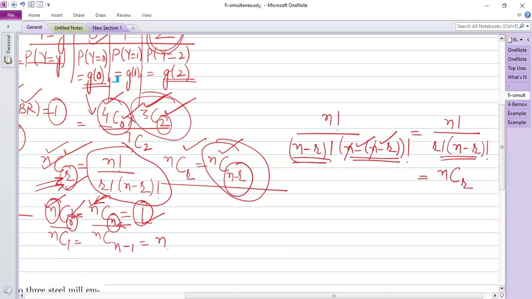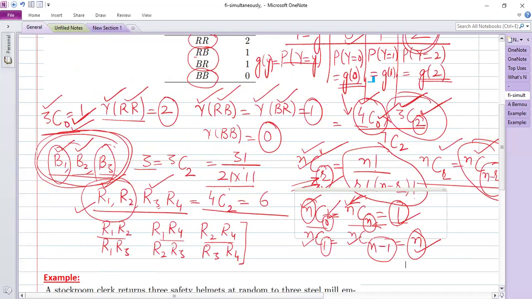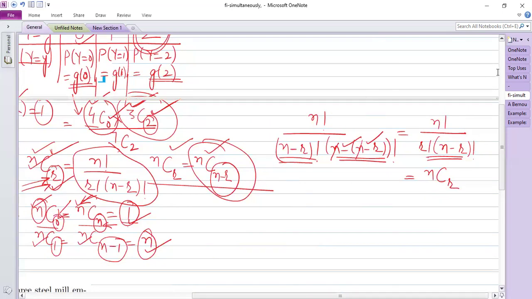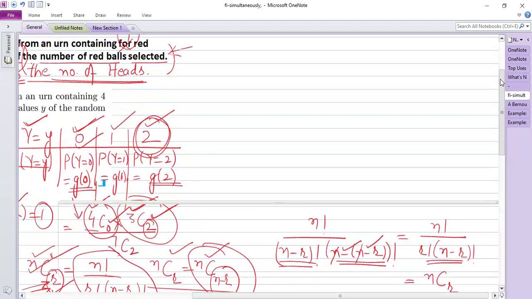In how many ways can I select one thing out of n? That is total n. In how many ways can I select n-1 things out of n? That is again n. And now similarly, the rest of the probabilities we will calculate. Up to here we had only one, but we need some more also.